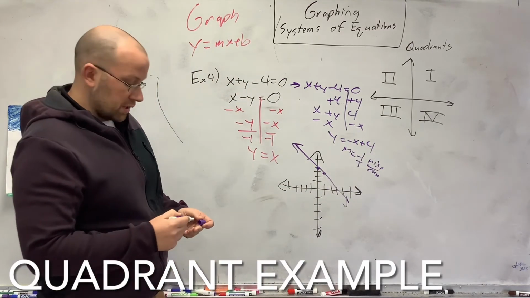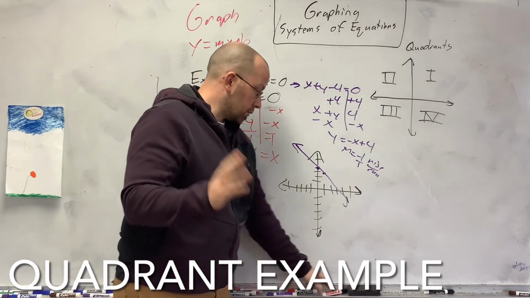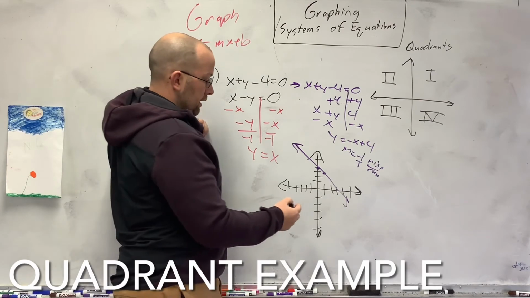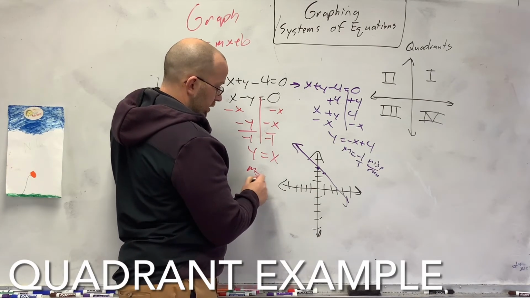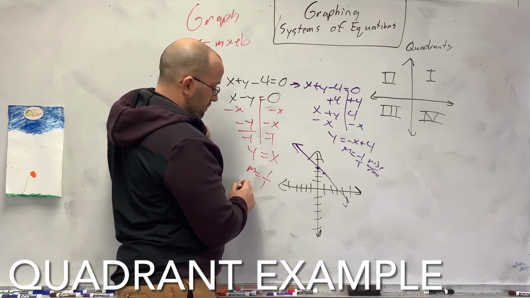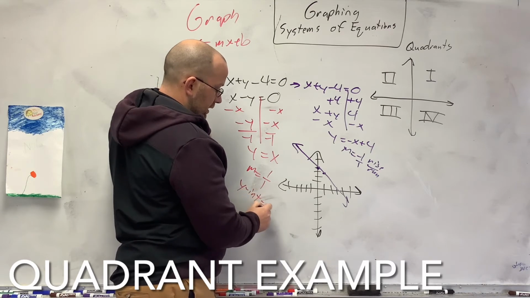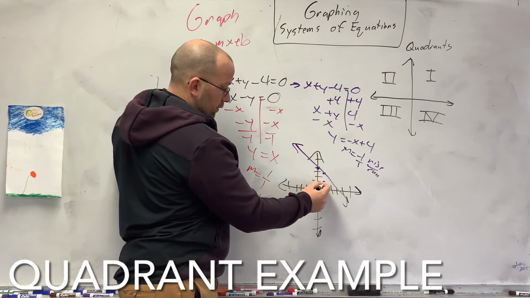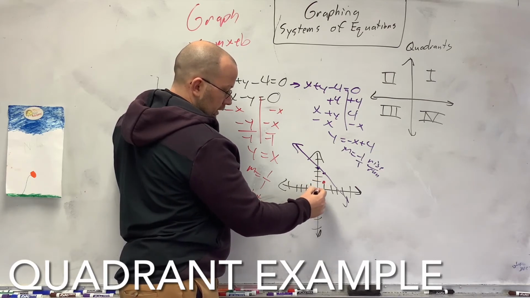If you need more questions about that, just go to one of the previous videos. I've done a lot of them over graphing. All right, my slope here is 1, so 1 over 1. My y-intercept is 0. So right here, up 1 over 1. There we go.